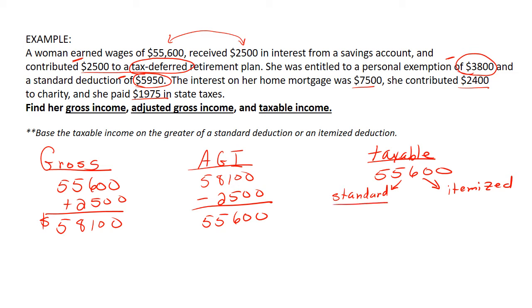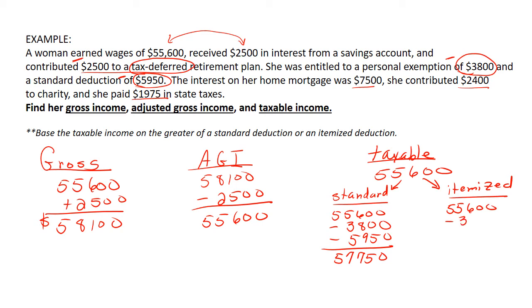If we go with a standard deduction, then we take her money, $55,600, we subtract the personal exemption for herself, and we subtract the standard deduction. That will give her a taxable amount of $57,750. However, if we use the itemized amount, we take her adjusted gross income.